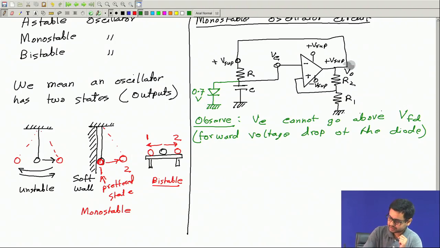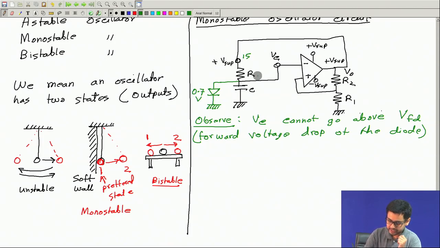But this is say 15 volt. So we have 15 volt applied here, and say initially the capacitor is not charged. So this voltage is 0. This 15 volt will charge this capacitor, current will flow through this R and the capacitor will get charged.